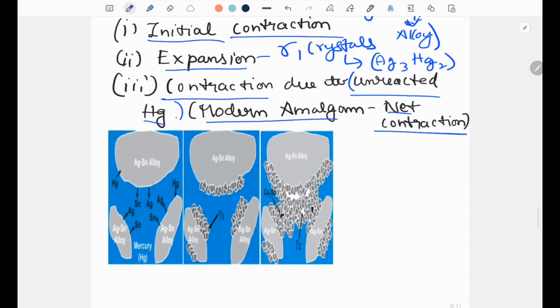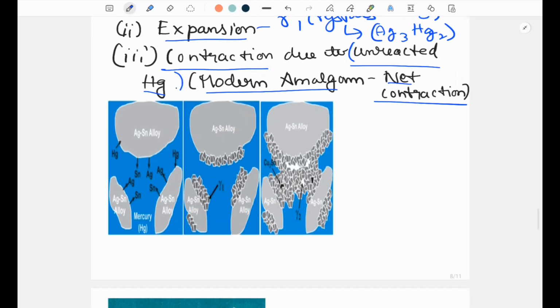Coming to the type of reactions, which we have seen before, this is how the silver tin alloy reacts, and the mercury acts as a medium in between that makes the reaction.